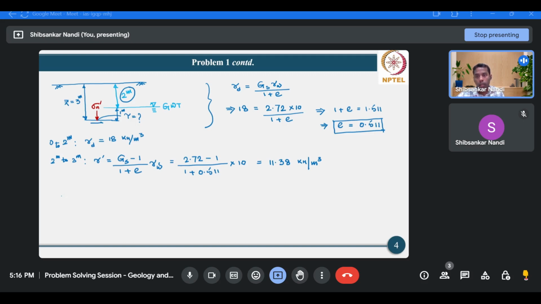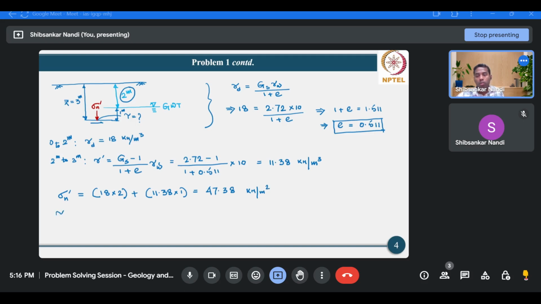So we can now calculate the effective normal stress as 18 multiplied by 2 plus 11.38 multiplied by 1. 36 plus 11.38, so it's 47.38 kilonewton per meter square.